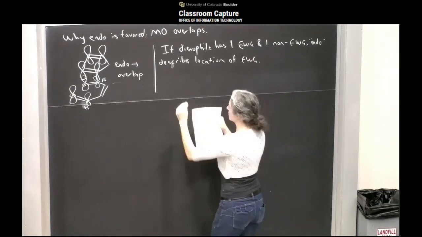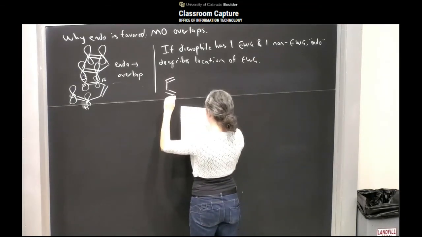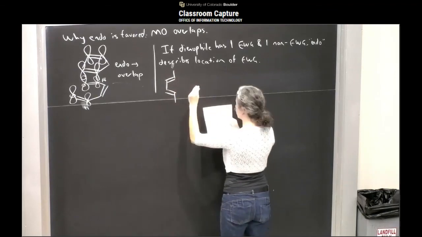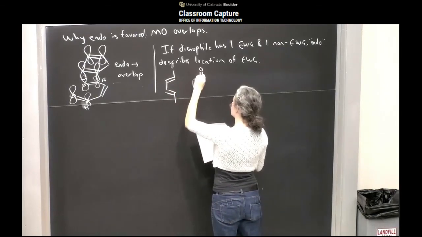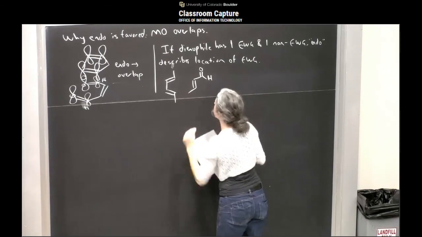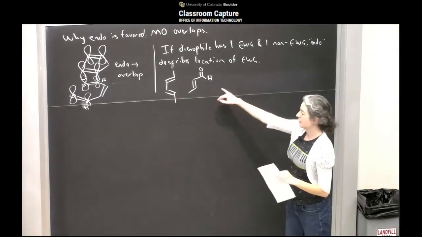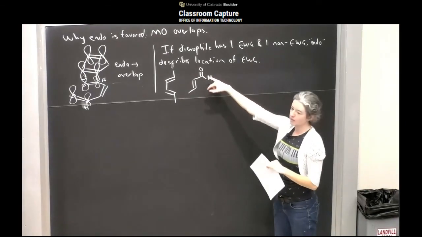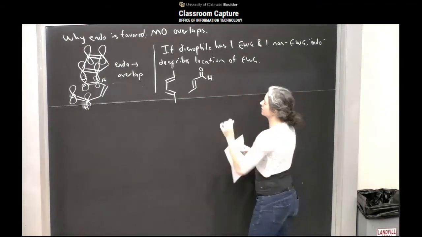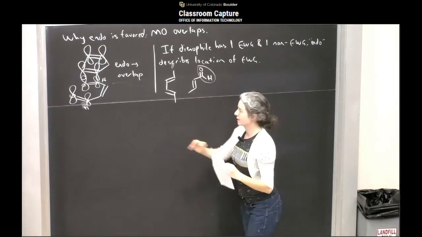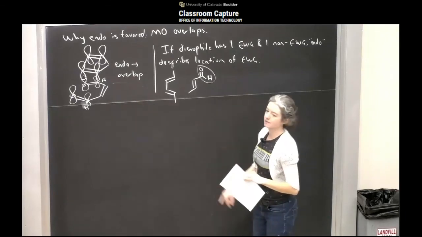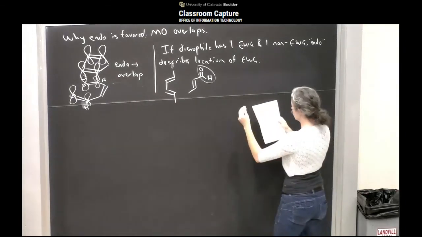So something like this, really what we care about being on the same side as R inside or R outside is this carbonyl, because that's the one that has the option of doing this orbital overlap and stabilizing or not stabilizing things.